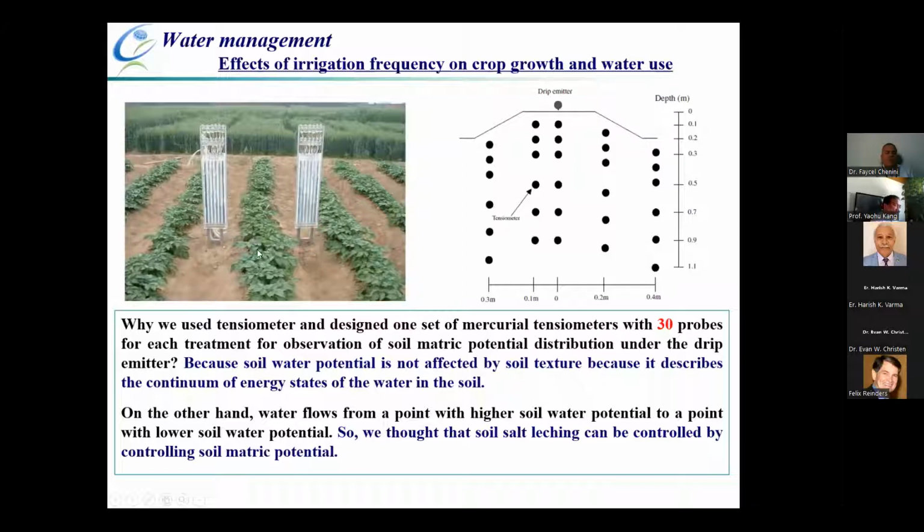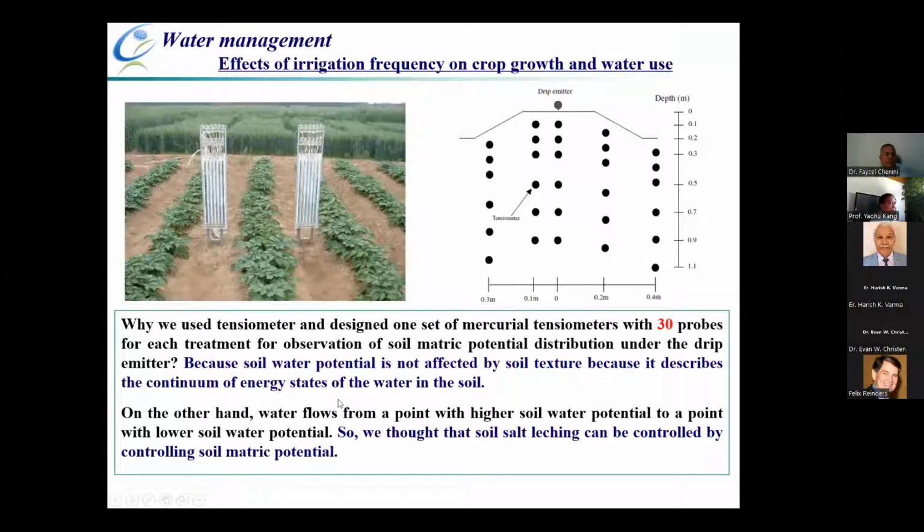Why use the tensiometer? Because soil water potential is not affected by the soil texture, because it describes the continuum of energy status of the water in the soils.